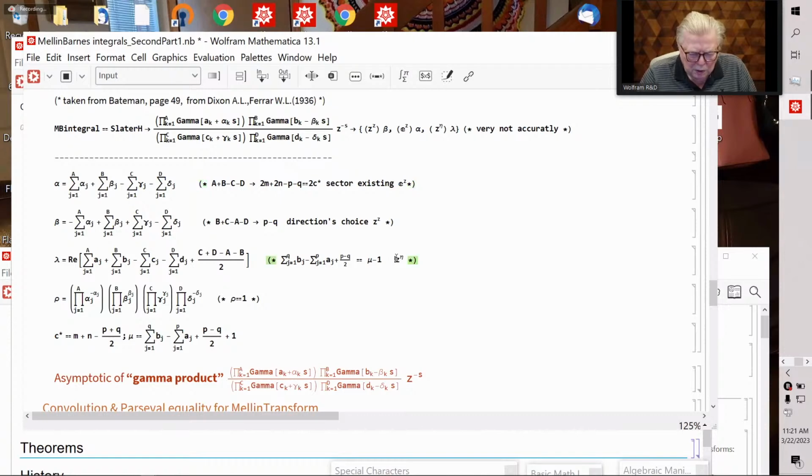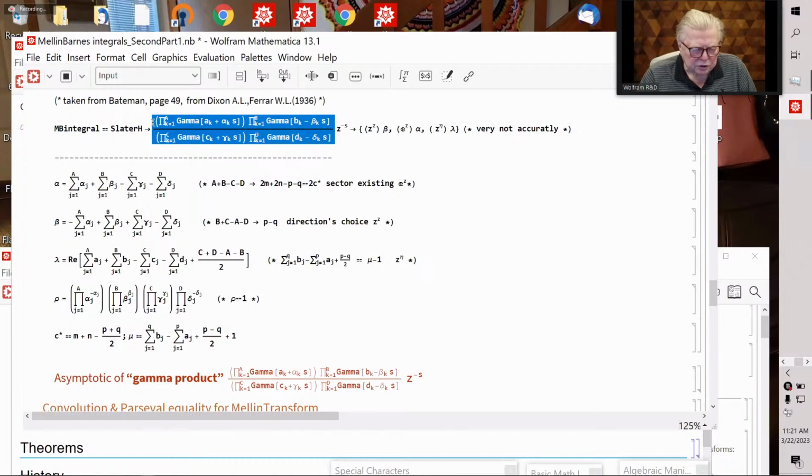And also a power function like s to some degree eta. And all these three guys live inside the exponent inside of the asymptotic expansions of this product.